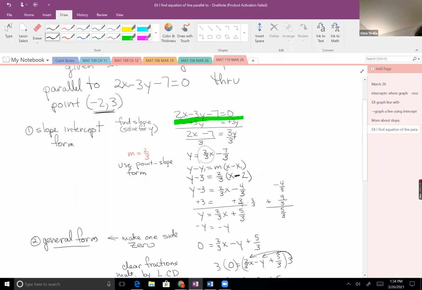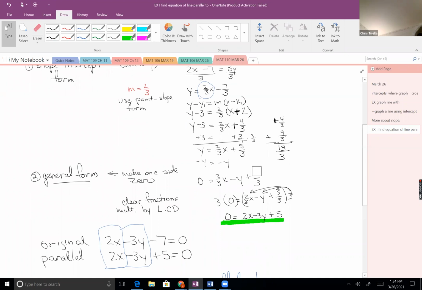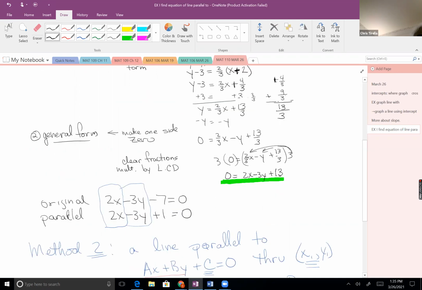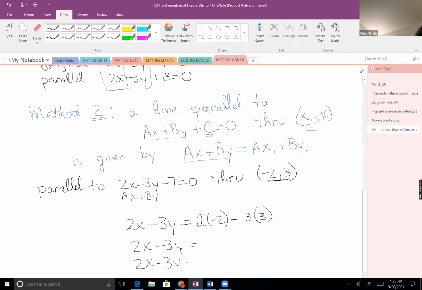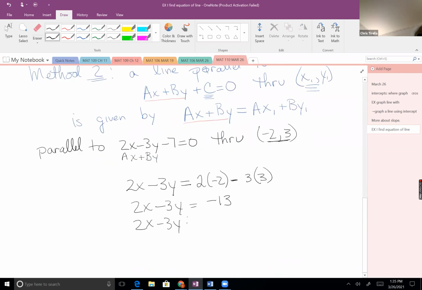Minus a minus, that should be plus, which means that this should be plus, which means that this should be 13/3, which means that this 5 should be 13, and this gives me -13, which makes it 13. I apologize.